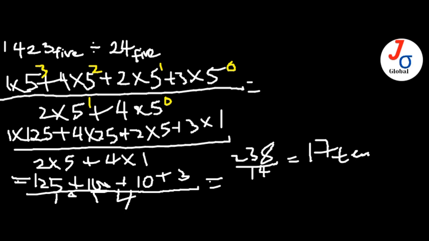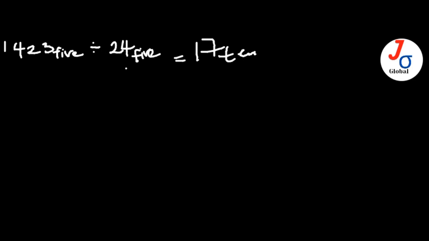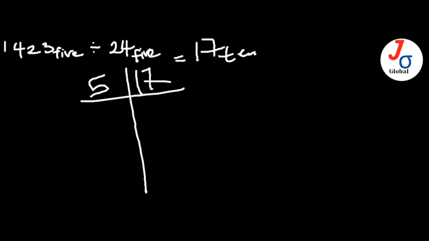So we just converted to base 10. Now we have to convert 17 base 10 to base 5. How do you convert 17 base 10 to base 5? I have 17, then 5. 17 divided by 5, we get 3, remainder 2, because 3 times 5 is 15.